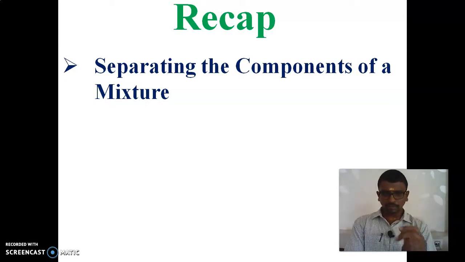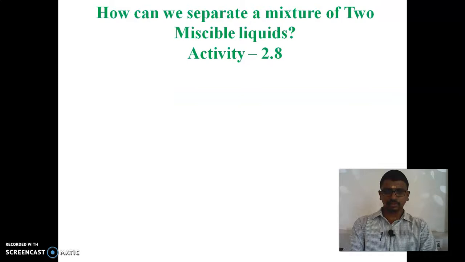Chromatography is used to separate colors. The term chroma means color in Greek. So with the chromatography technique we can separate the different colors.